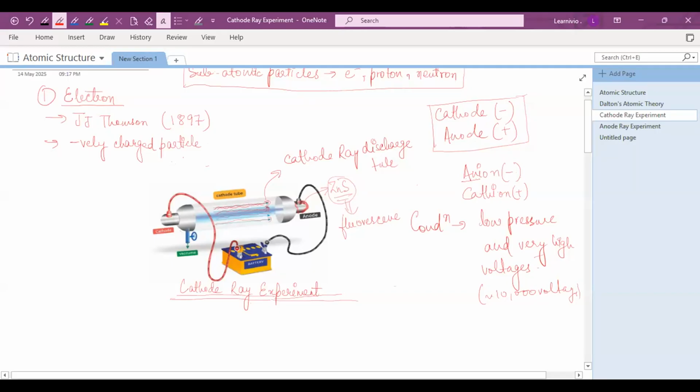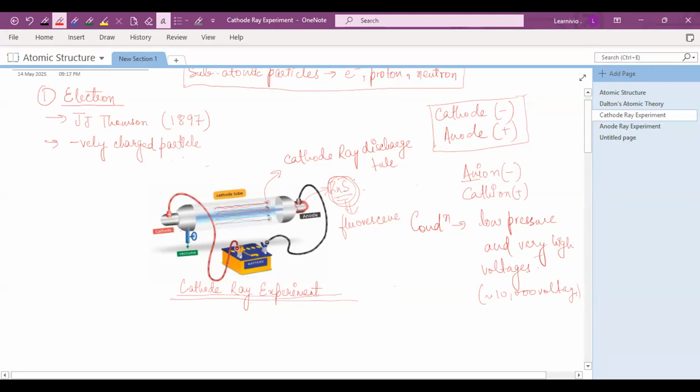Clear? So fluorescence or phosphorescence is the ability of certain chemicals to give off visible light. Rays which are not visible, it makes them visible and shows them. So these are properties of some chemicals, so he used zinc sulfide because zinc sulfide is a phosphorescent material.